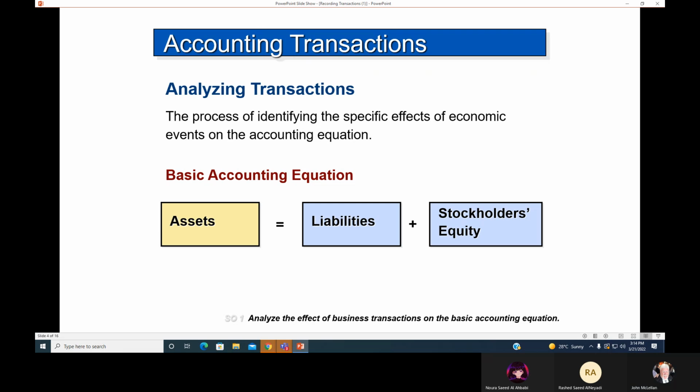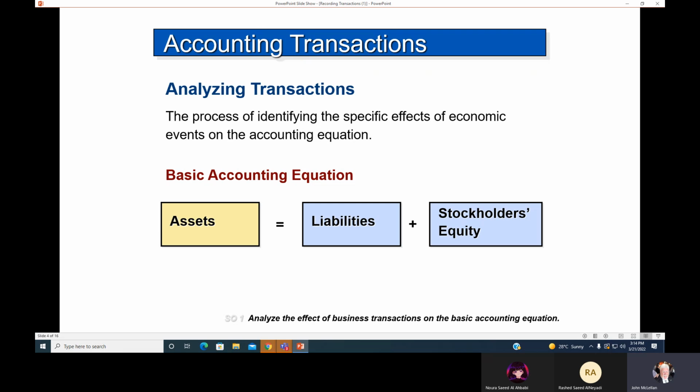Liabilities are debts that the company owes to other businesses or entities. And shareholders' equity is the investment the shareholders have put in plus the retained earnings. A transaction affects assets and/or liabilities and/or shareholders' equity. It affects two of them.